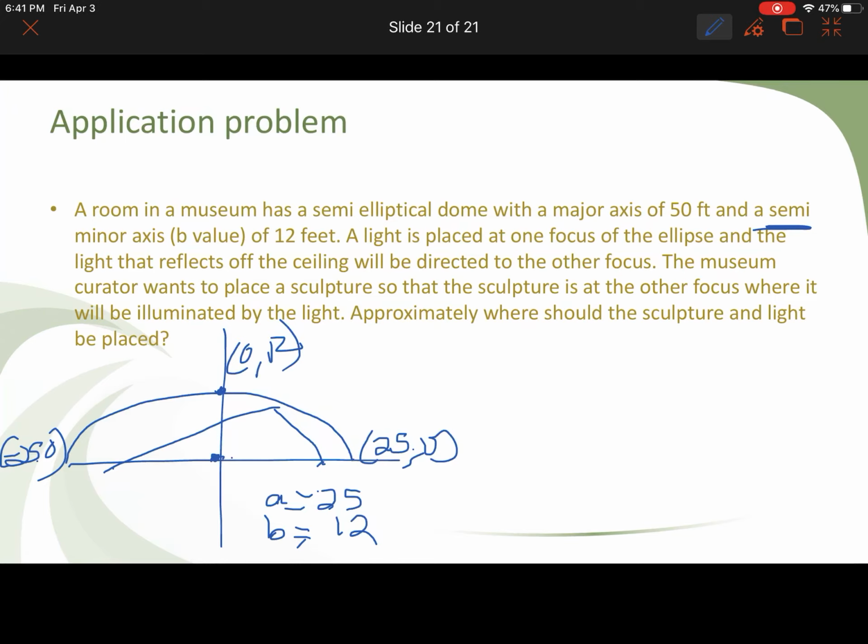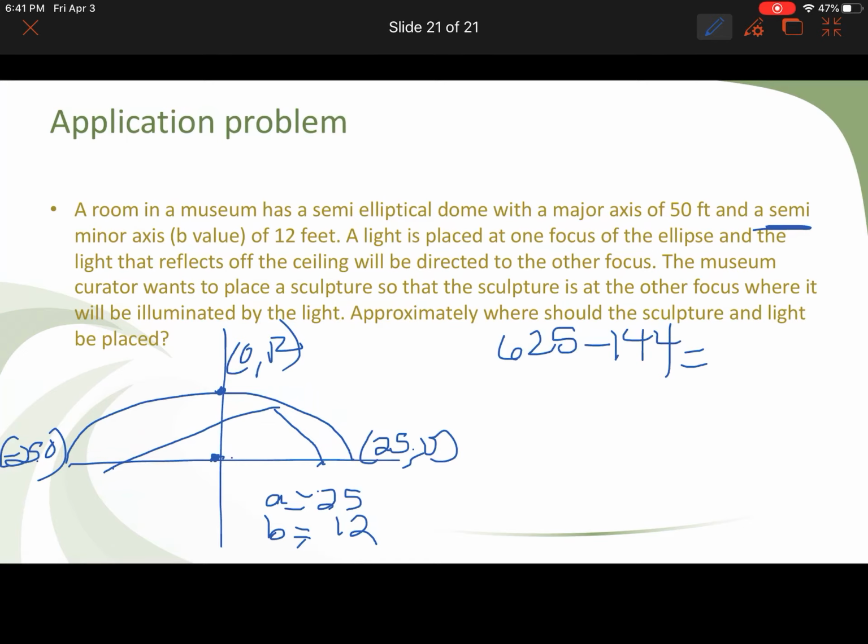So A squared would be 25 squared, or that's going to be 625. And we subtract off the B squared, which is 144. I thought I had that written down somewhere here.